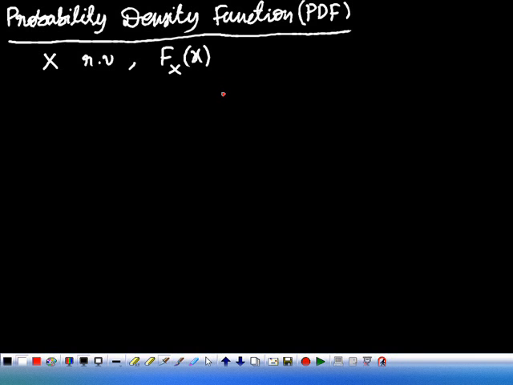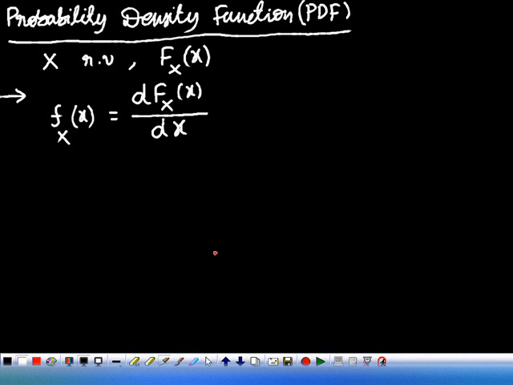Then dFx of x by dx, that is the derivative of the CDF, is denoted as fx of x, and we call it the probability density function. The probability density function of the random variable X is the derivative of the CDF. That is, if you know the CDF and if the CDF is differentiable, we can find the PDF.